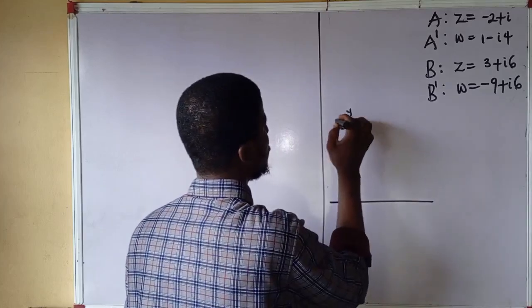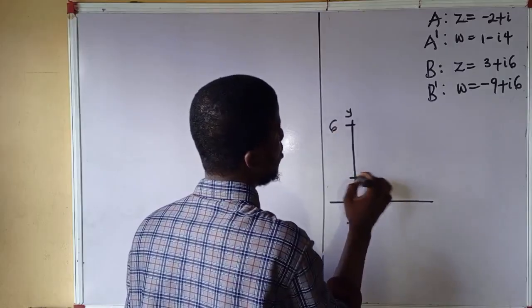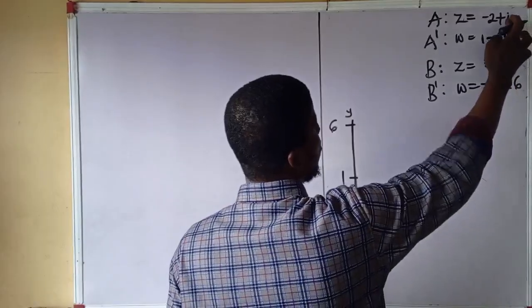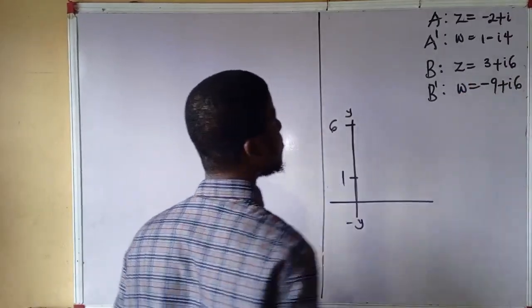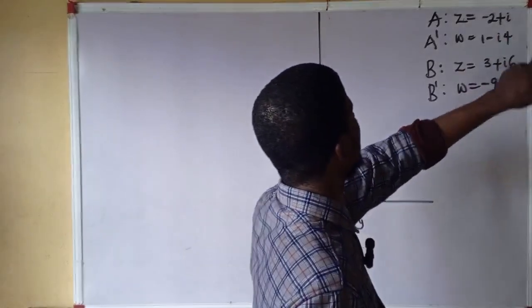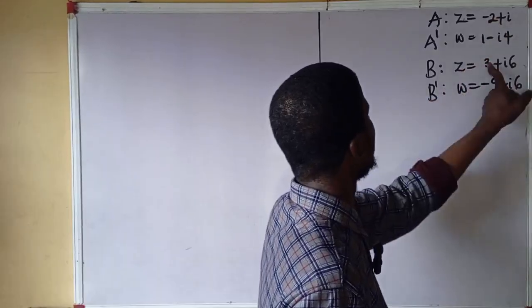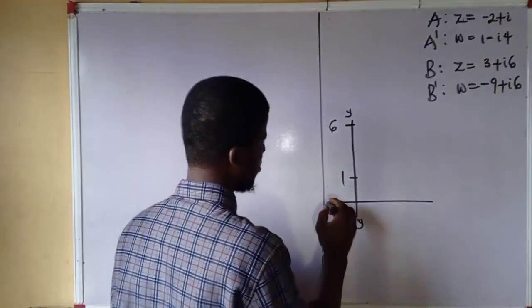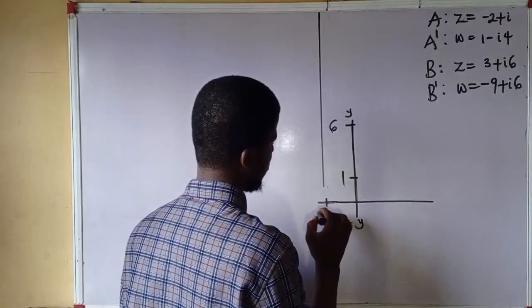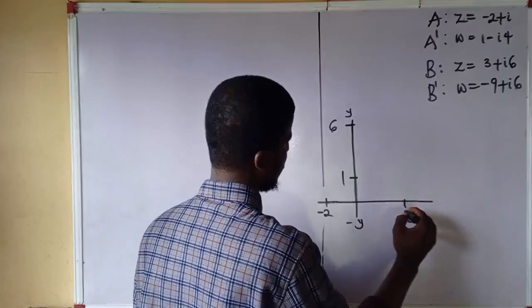So let's say this is 6 and this is 1. 6 for B, right? 1 for A. Then for the X axis, we have minus 2 and 3. Okay, so let's say minus 2 is here and 3 is here.